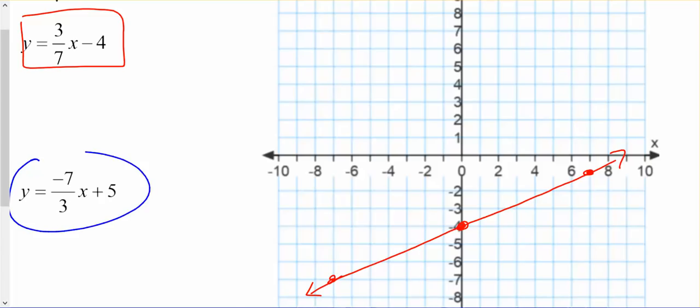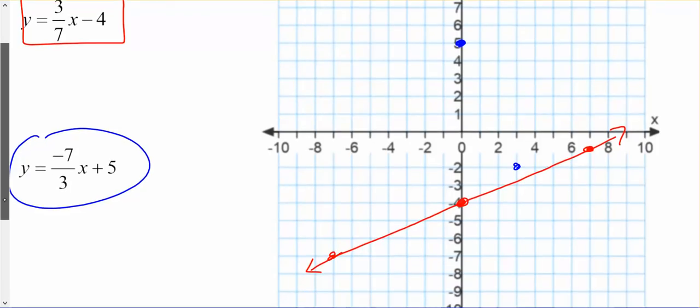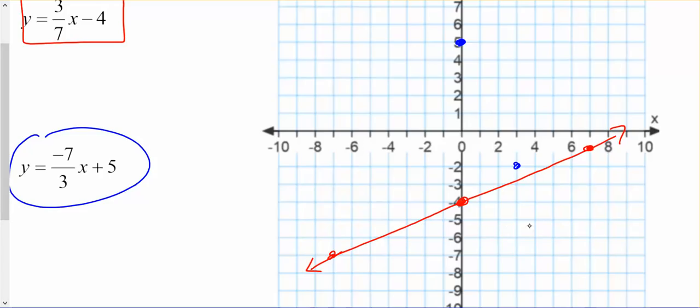Call this next line our blue line. Our y-intercept is 5, so we go to 5 on the y-axis. Our slope is -7 over 3, so we're going to go down 7 over 3, down 7 over 3, draw our line, and this looks like it's making a 90-degree angle, and it is.